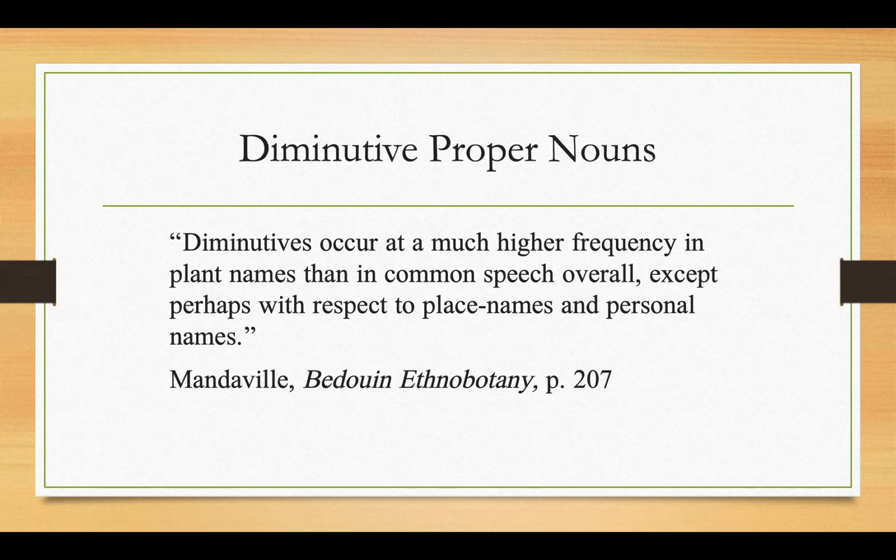So Mandeville, in his study of plants, points out that the diminutive form is very common in these names, and he was very perceptive when he pointed out that it's if anything more common in place names and personal names.